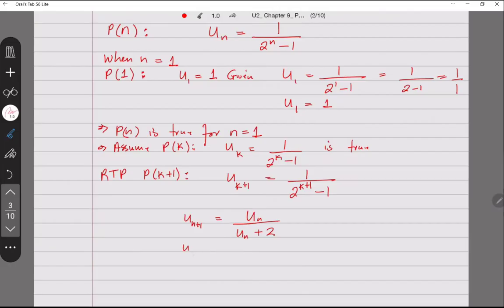So Uk plus 1 would be equal to Uk over Uk plus 2.